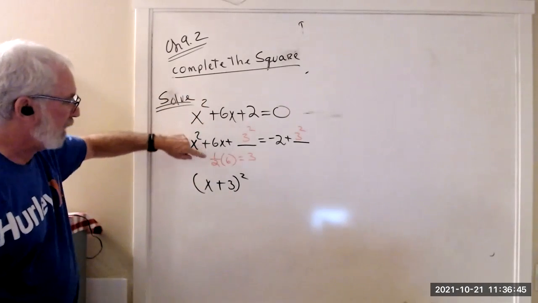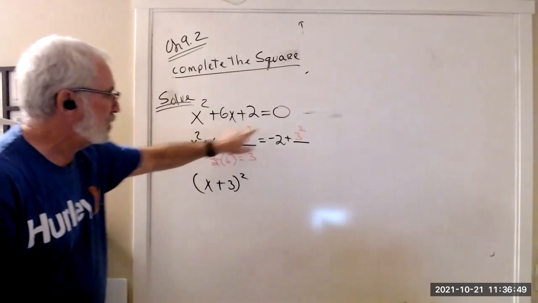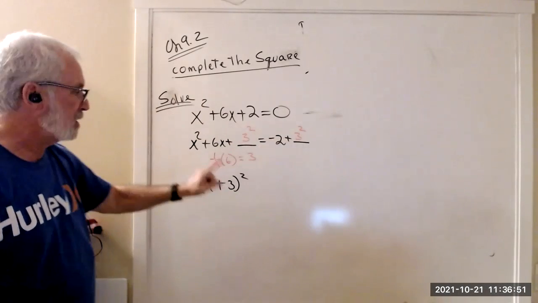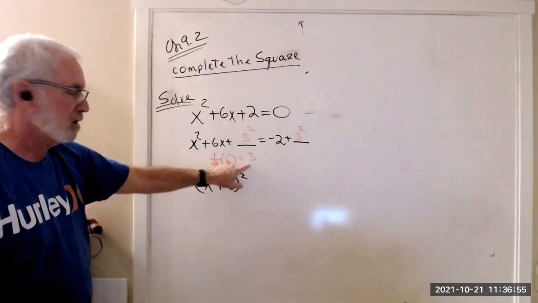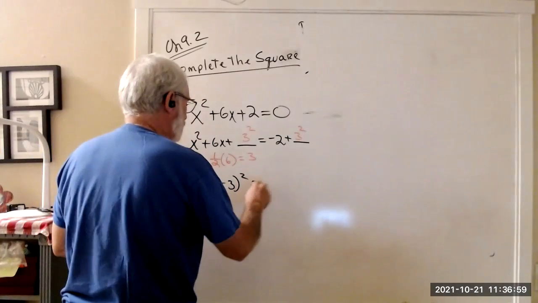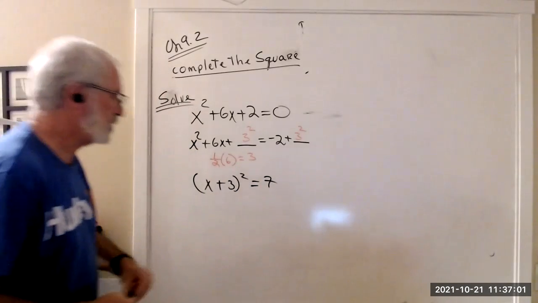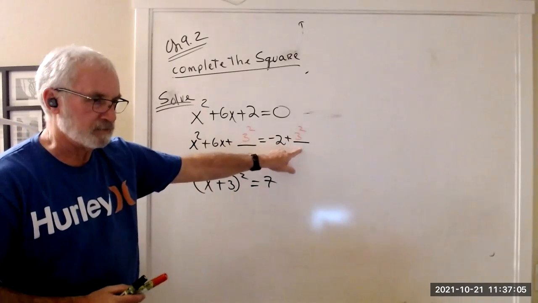If you do half times 6 equals 3, add 3 squared to both sides, but factor this as x plus 3, okay, equals 7. Where'd the 7 come from? -2 plus 9.